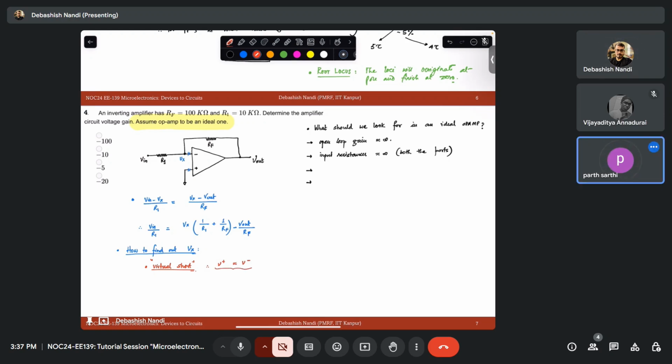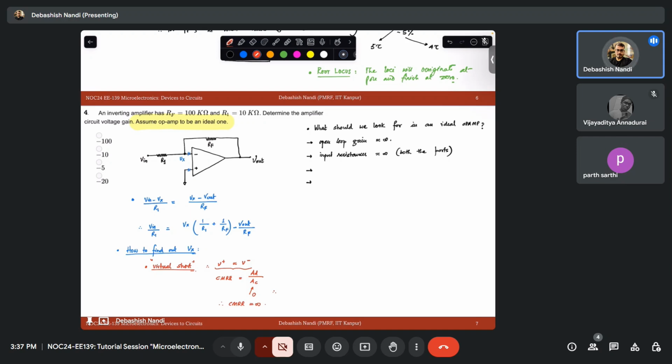Yes, sir. So this is coming from the fact that your CMRR is what? Differential mode gain divided by common mode gain. If your common mode gain is 0, then your CMRR becomes infinity.